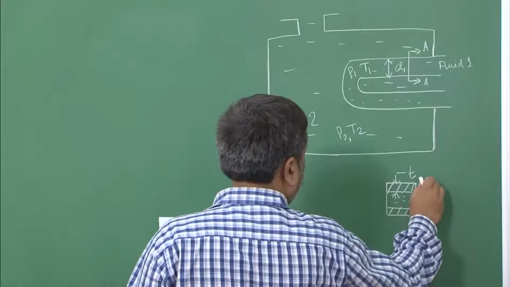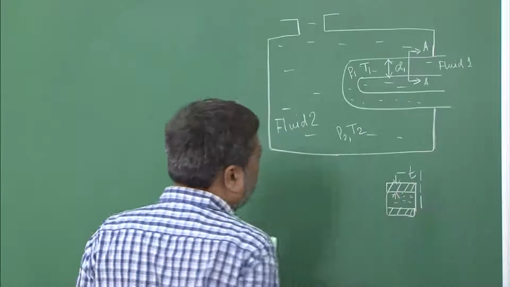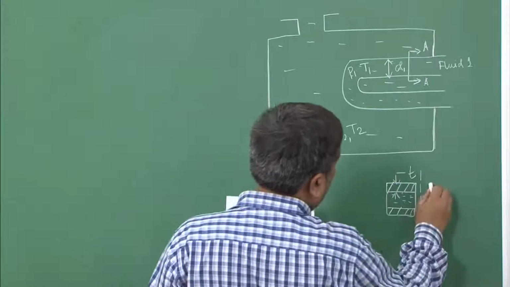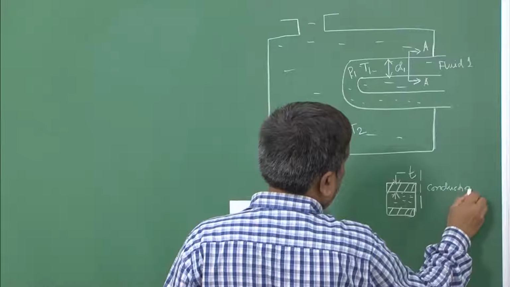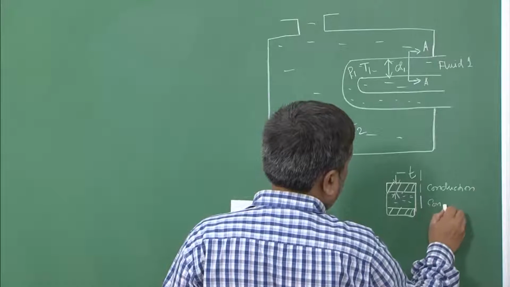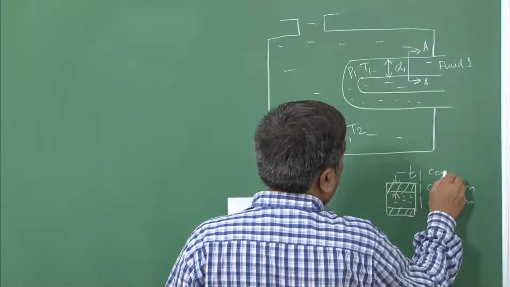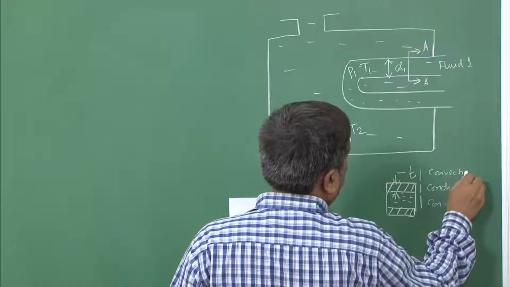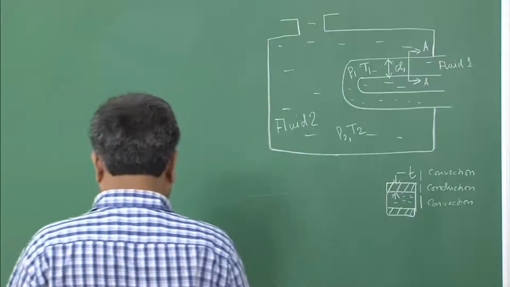So, this is conduction, and again there is a convection. So, there are three elements that will come into the picture: conduction, and convection at the two other sides. There is this combination of convective and conductive heat transfer that is going to take place in the system.